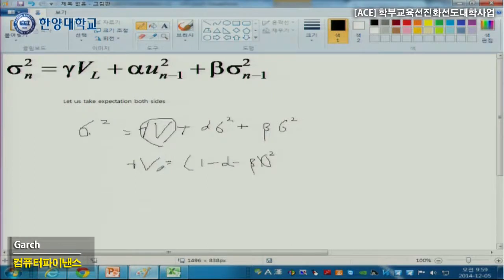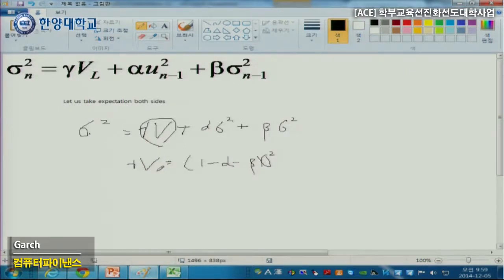We can guess that this one should be sigma. So if we use this technique, called variance targeting, then we don't have to do the maximization over three things. Instead, we can do the maximization over only alpha and beta, which is much more stable.